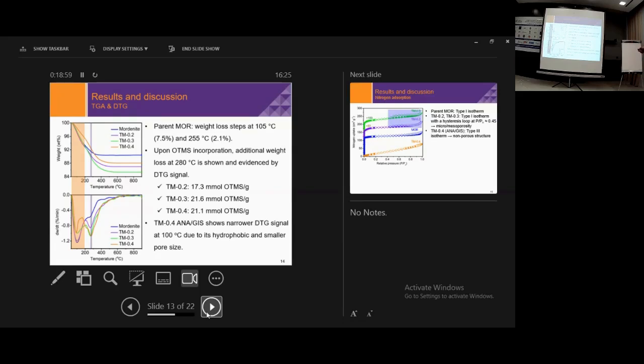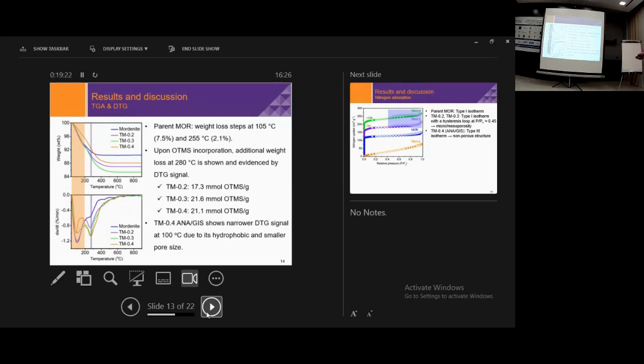If we incorporate the OTMS, we can see an additional weight loss at 280. So once we introduce OTMS, we have the additional signal here. This is due to the incorporation of OTMS.